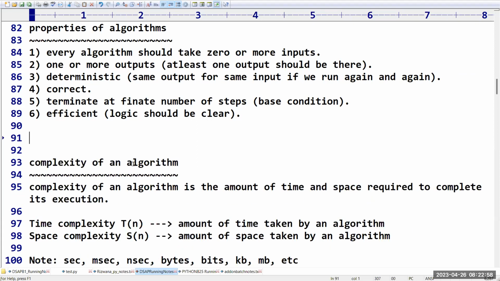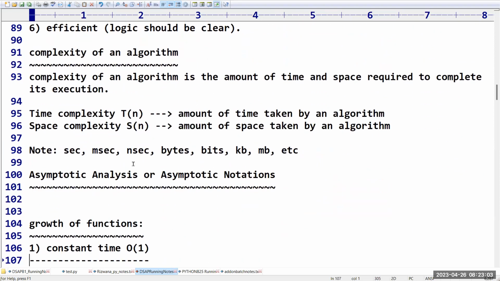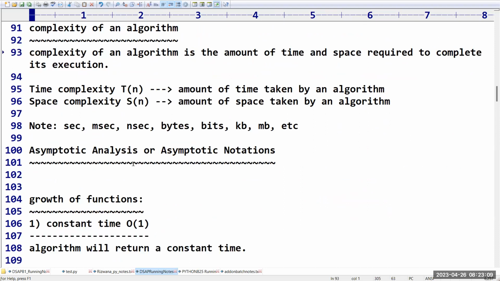Right. The next one, complexity of algorithms. I already explained this, so it is just a matter of one or two minutes. What is meant by complexity? The complexity of an algorithm is the amount of time and space required to complete its execution.